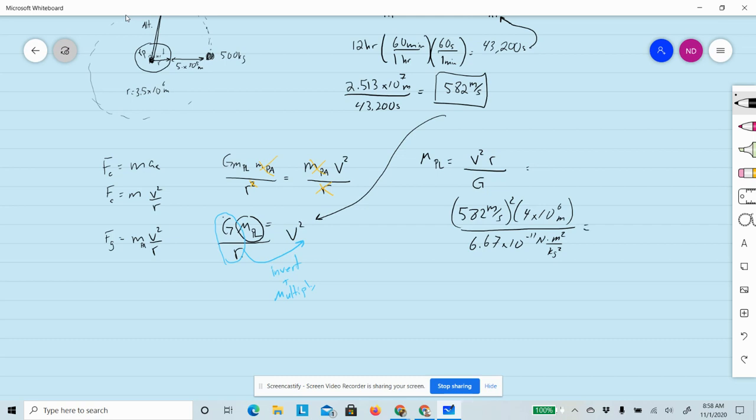And the numerator becomes 1.35489, yada, yada, yada, times 10 to the 12th, divided by the universal gravitational constant, 6.67 times 10 to the minus 11, newtons meters squared per kilogram squared.